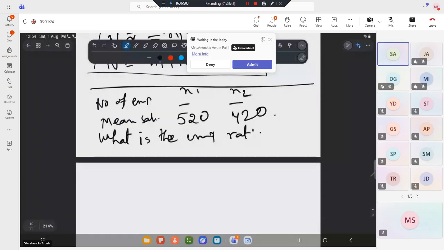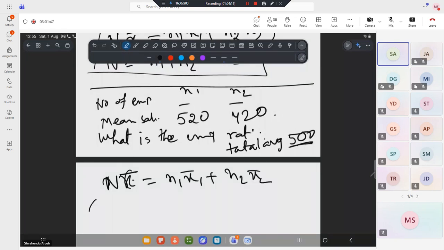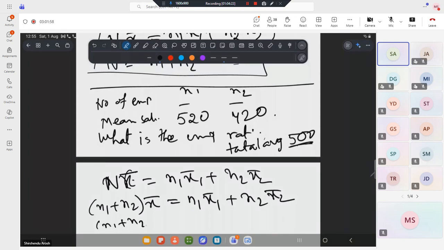So the ratio, I'm using the same formula. Total number of employees should be known, and the total average salary is 500. That's what I want to know. So what is the formula? n x bar equals n1 x1 bar plus n2 x2 bar, where n is n1 plus n2. We do not know n1 plus n2, but we know the average salary is 500.